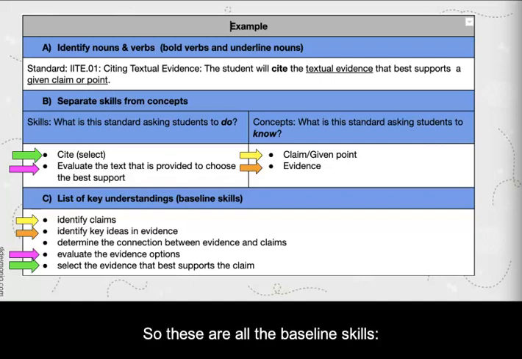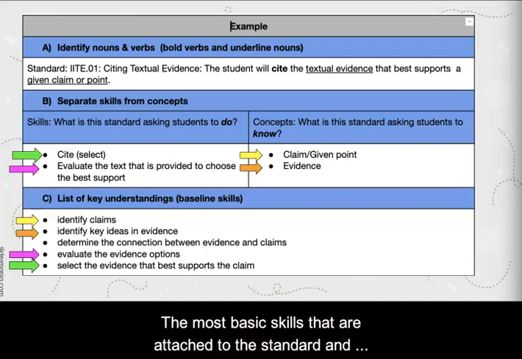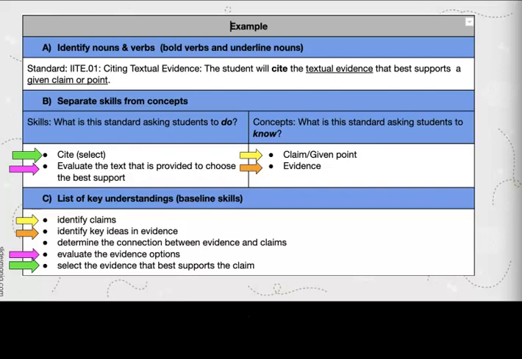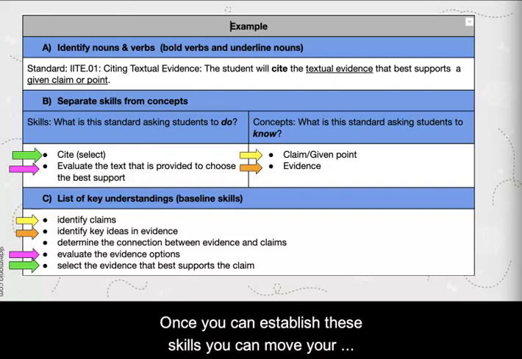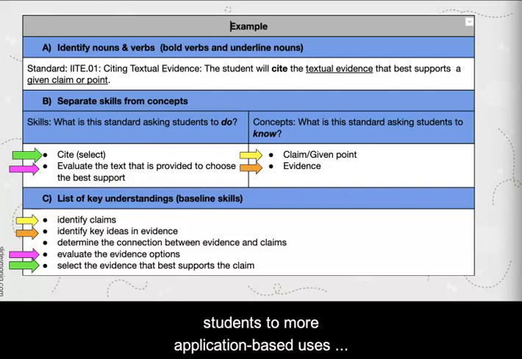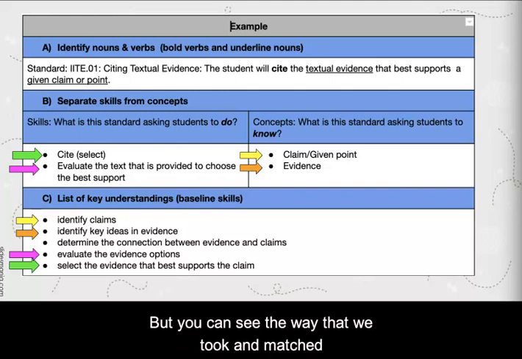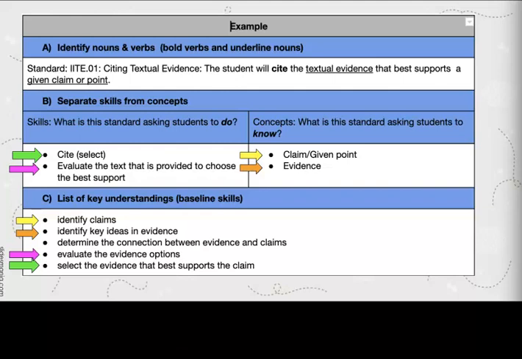So these are all the baseline skills, the most basic skills that are attached to the standard. And these are often reflected in multiple choice questions. Once you can establish these skills, you can move your students to more application-based uses through writing projects and speaking assignments, right? But you can see the way that we took and matched the skills and the concepts to the actual key understandings.